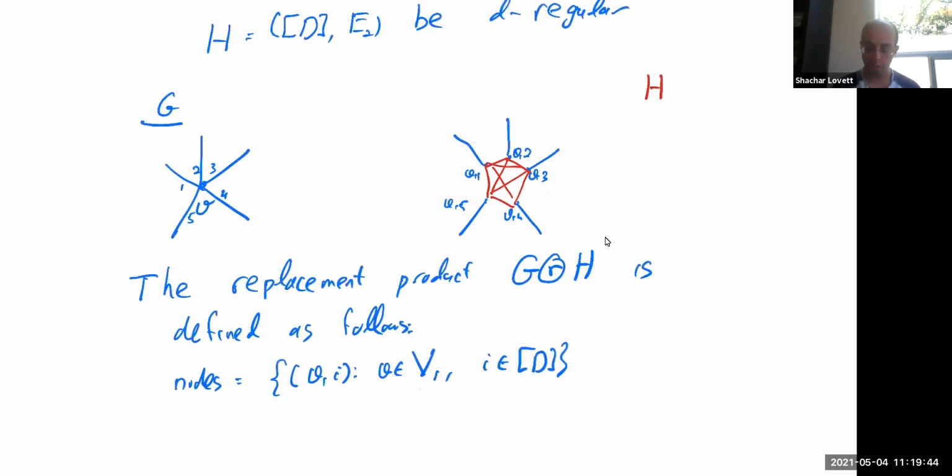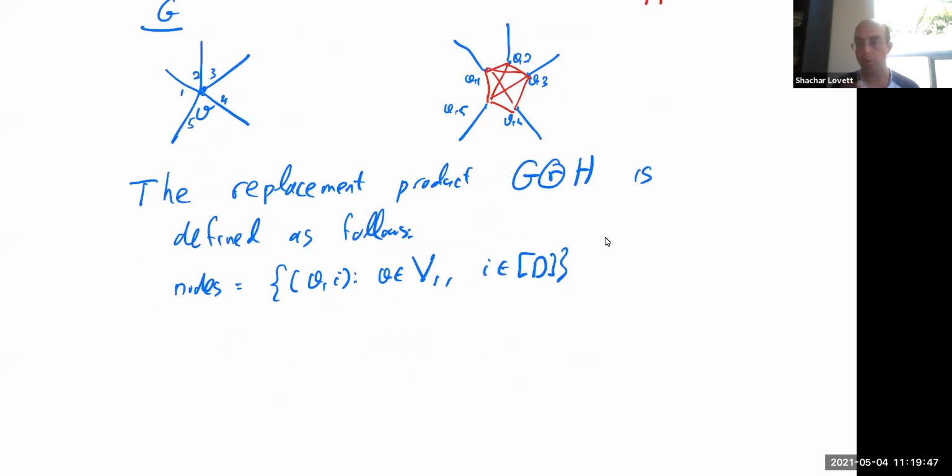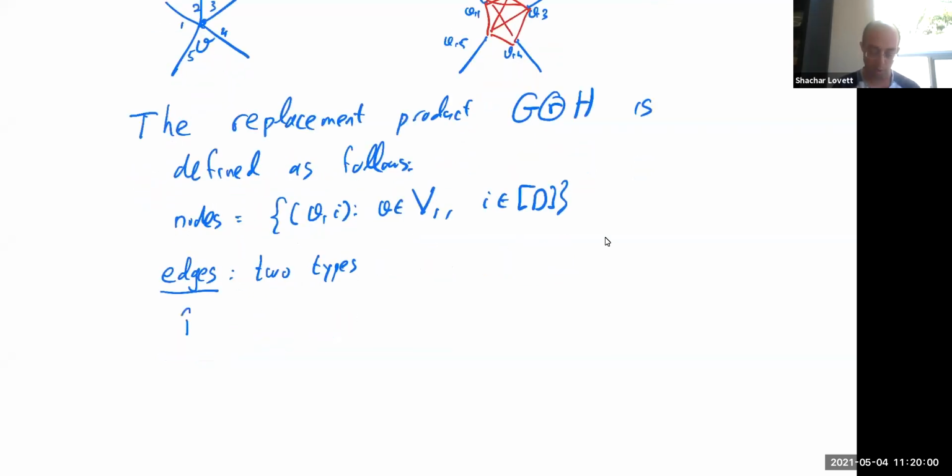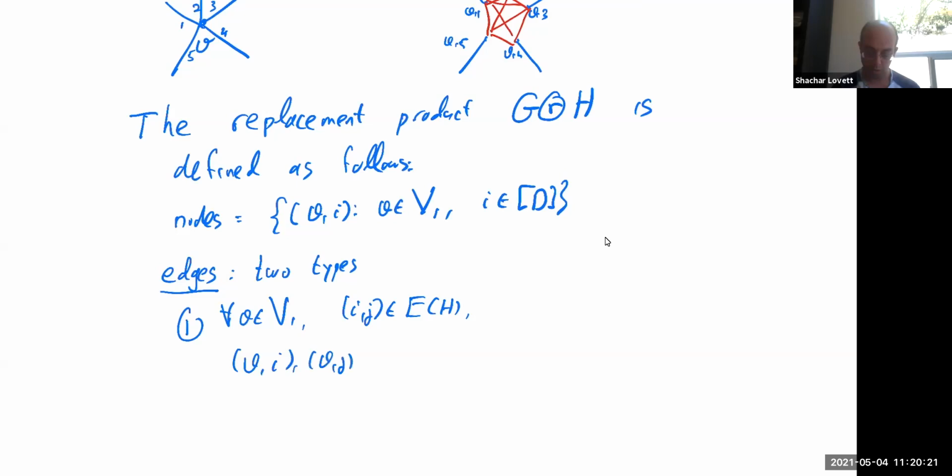And what are going to be the edges? The edges are going to have 2 types: inner edges between nodes of V and outer edges. The first type is going to be the inner red edges. So for every V in the vertices of G and every edge IJ in the edges of H, we're going to have the following edge: VI, VJ.